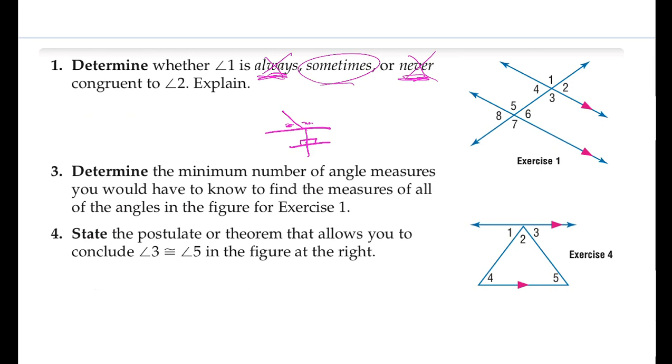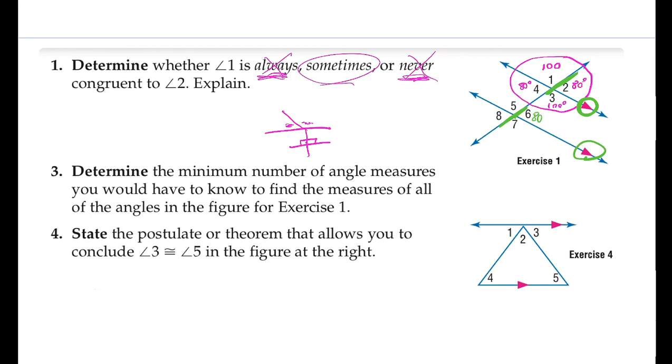How many angles would I need to figure out before I could get every angle value in the picture? That is the entire big concept of this. If I'm given one angle here, from chapter 1, I know this is 80 degrees. I know this is 100 degrees, vertical angles. I know this is 80 degrees. I know all of these as soon as I know one angle. But the entire chapter, this unit, chapter 3, is about parallel lines and a transversal, so we have the same intersection, and all of those angles are the same over here.